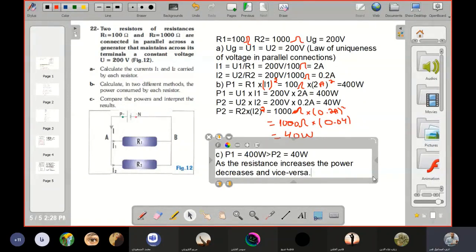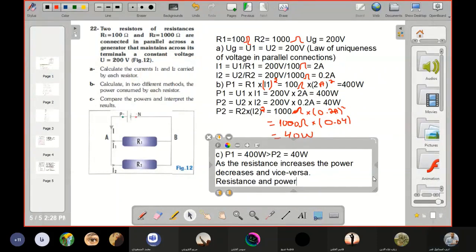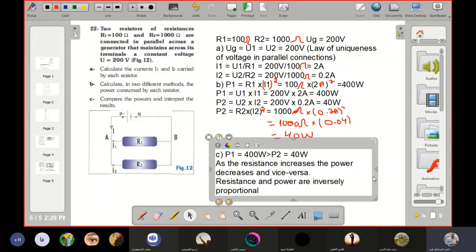If a value increases when the other decreases, the two values are said to be inversely proportional.